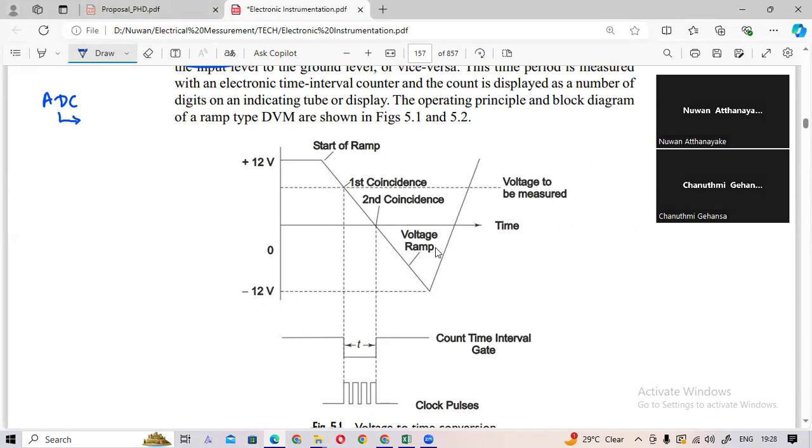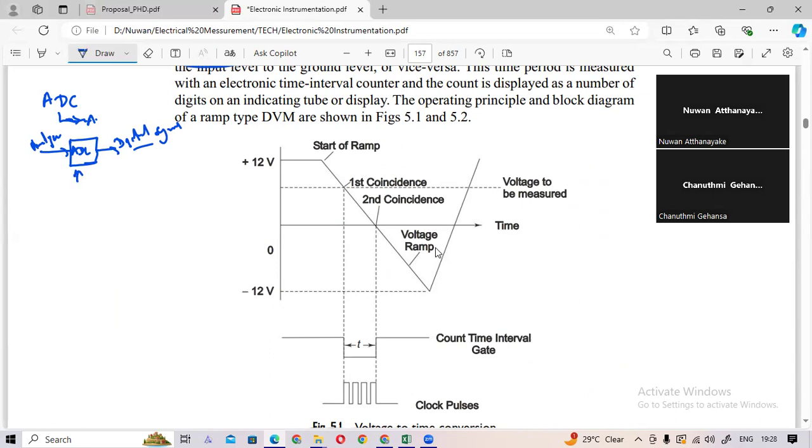What is the purpose of it? Actually, the primary task of the analog to digital converter is converting an analog signal into a digital signal. Maybe in signals and systems, you learned this stuff.